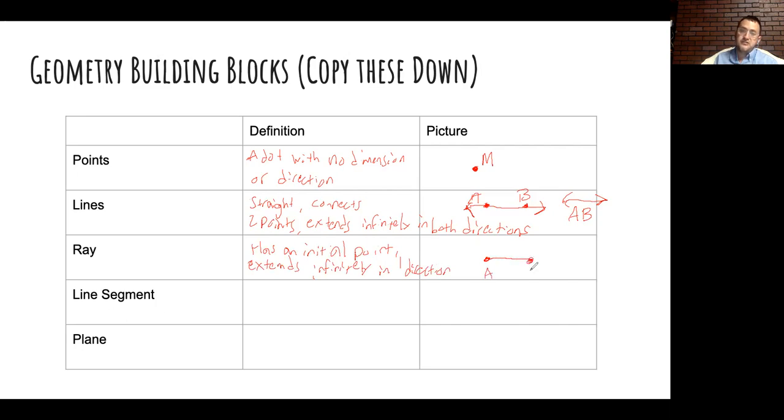And then I go to B, and then I go beyond point B. And my notation is going to be AB with a ray symbol over it. So your first Delta Math exercises today are just going to give you things like lines or rays or line segments. And you are going to use the correct notation and get used to using the correct notation.